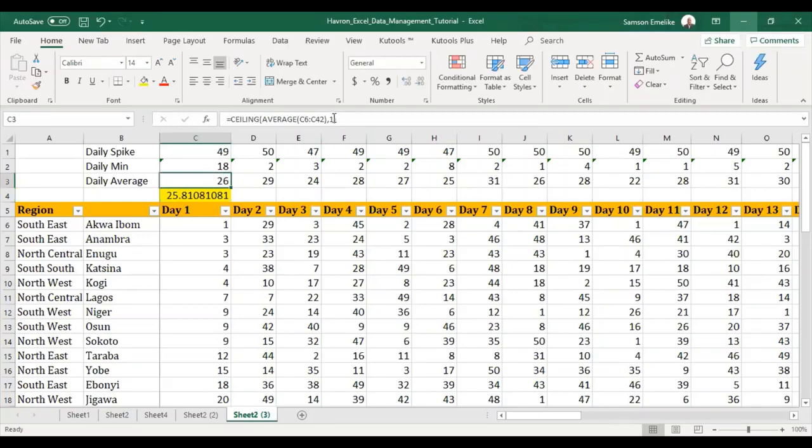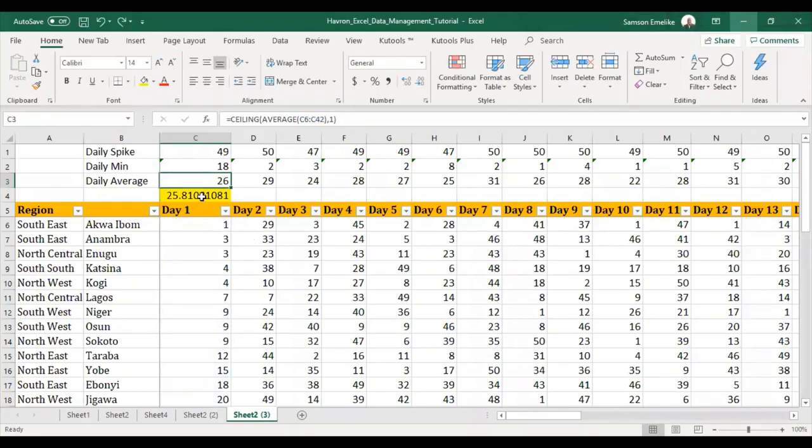Now, if we change this significance to 2, now it is 26. But before, what's the difference now between 1 here and 2?